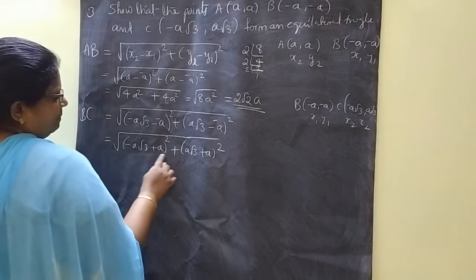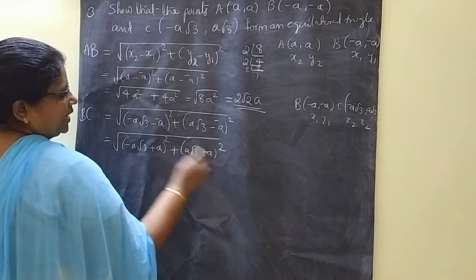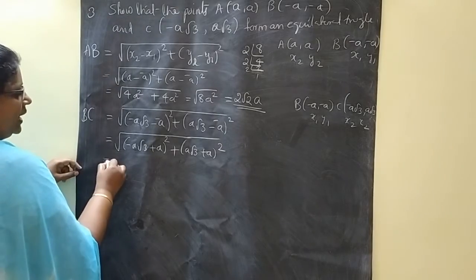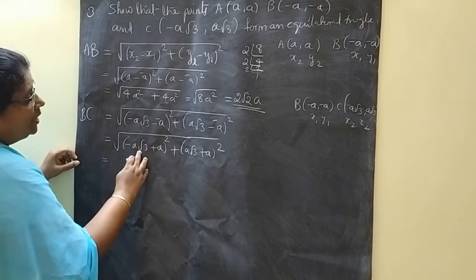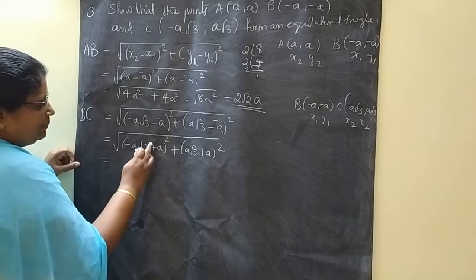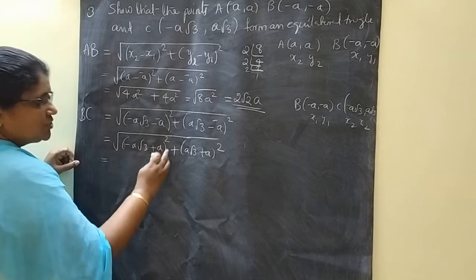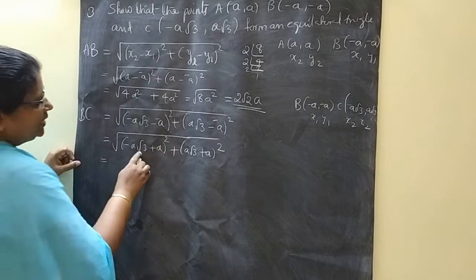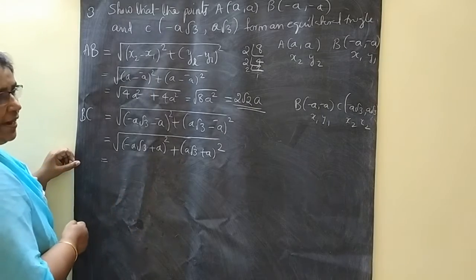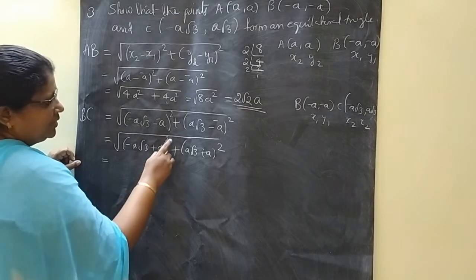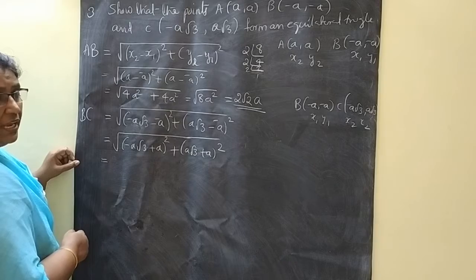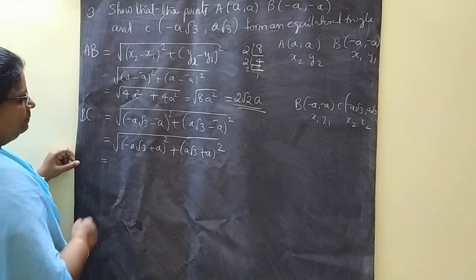Now here we are applying (a plus b) whole square, here also we are applying (a plus b) whole square. We can't add these two, why? Because one is irrational and the other is rational. Rational and irrational we can't add. So for simplification, you have to apply (a plus b) whole square.